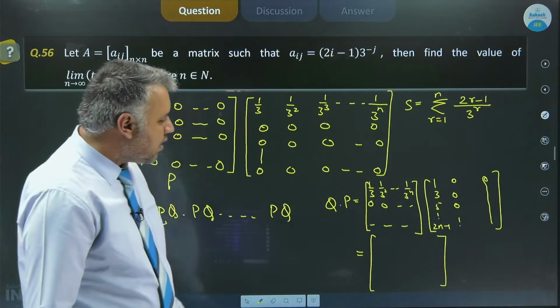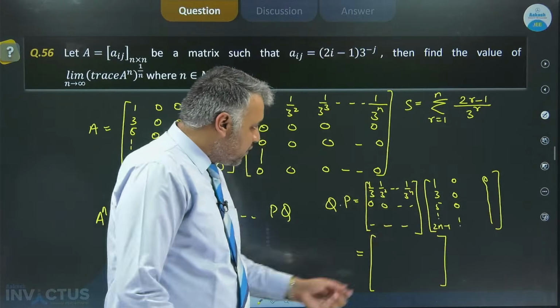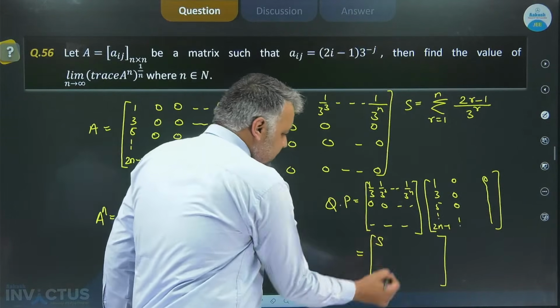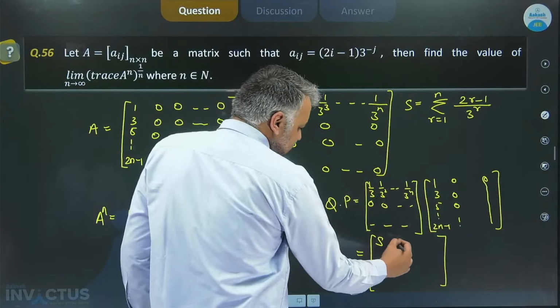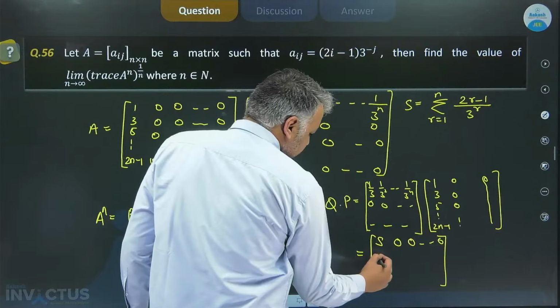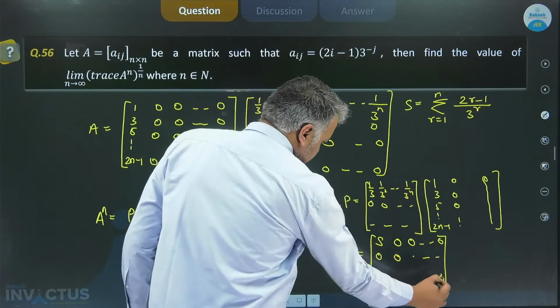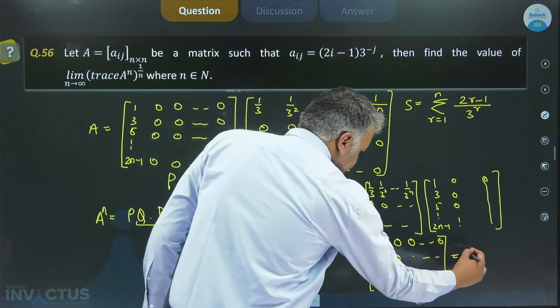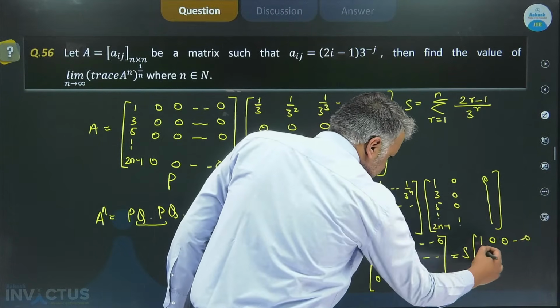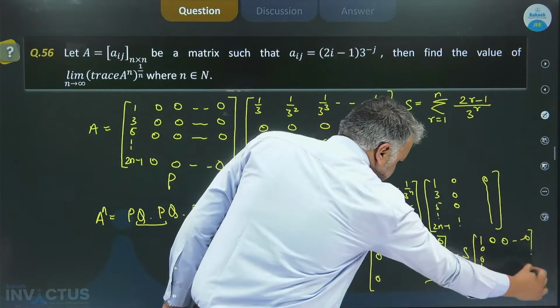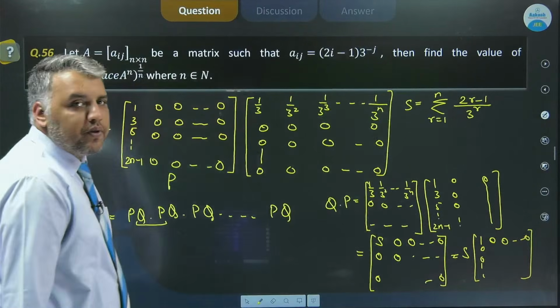Okay. So on the first position, you'll get S. On all other positions, you'll get 0. So QP is nothing but S into a matrix 1, 0, 0, and so on, 0, 0, such kind of matrix. So this is QP.